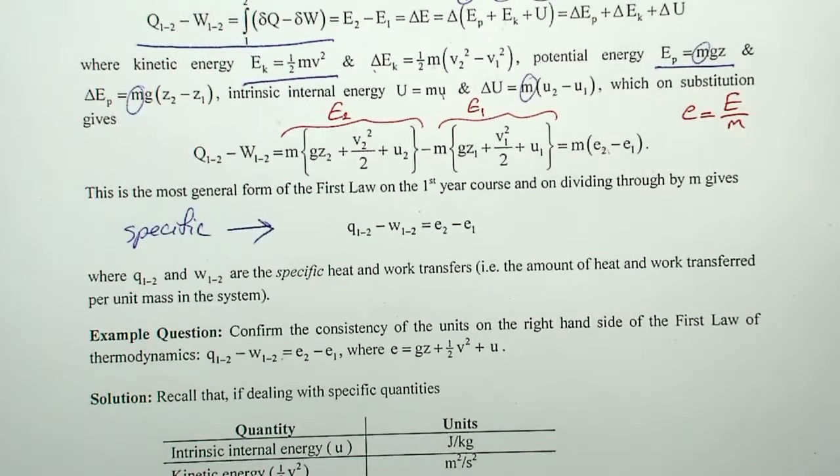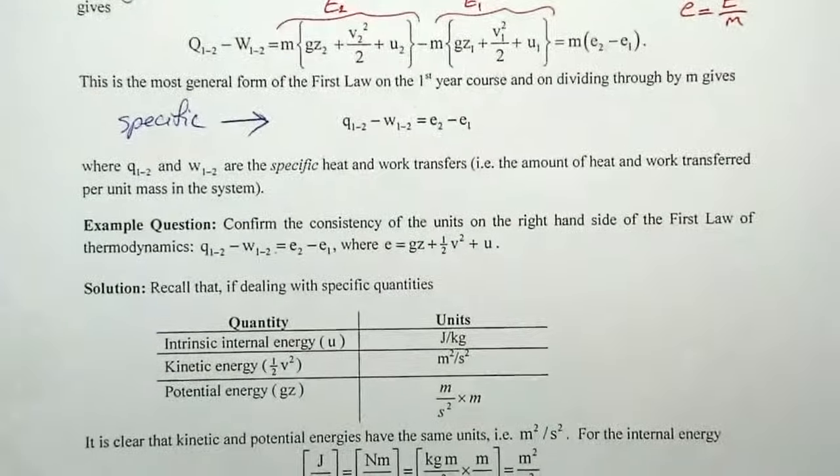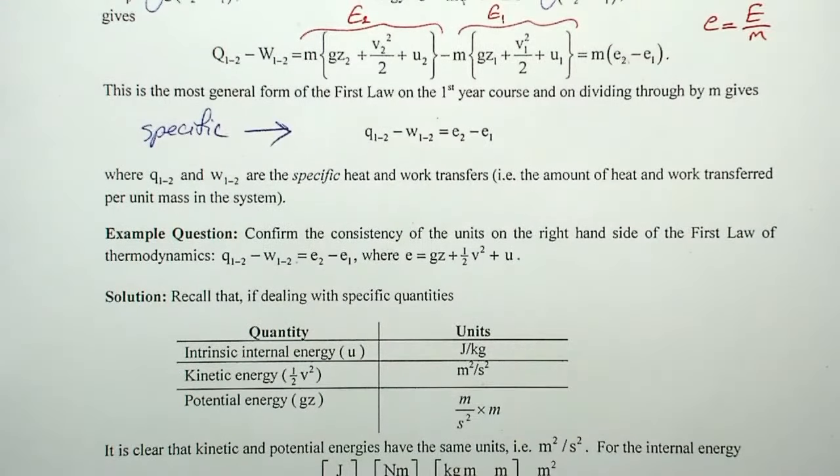Small q minus small w equals small e2 minus e1. The only difference really is that when you work in specific values, everything is expressed per unit mass. And the units will change naturally because everything is going to be joules per kilogram. That's what you need to pay attention to.